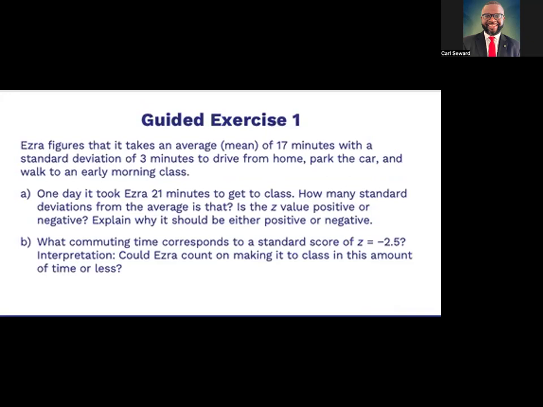In other words, is it unusual that it took 21 minutes to come to class? How many standard deviations is that? And what time corresponds to a z-score of negative 2.5? And whatever that time would be, would Ezra ever expect a commute that fast? That implies it's going to be fast.